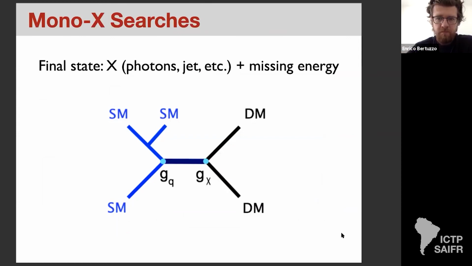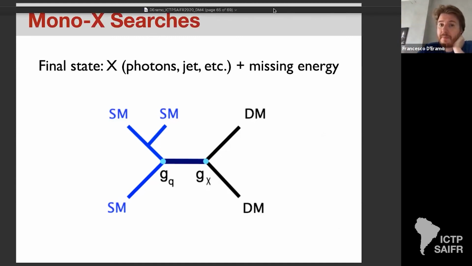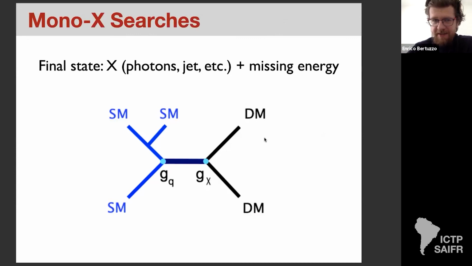What you see is a jet plus missing energy, and that's all in standard model physics. So the fact that you see a monojet event does not mean you have discovered new physics. Again, here there is a background, and you have to subtract the signal from the background and see if you find an excess.